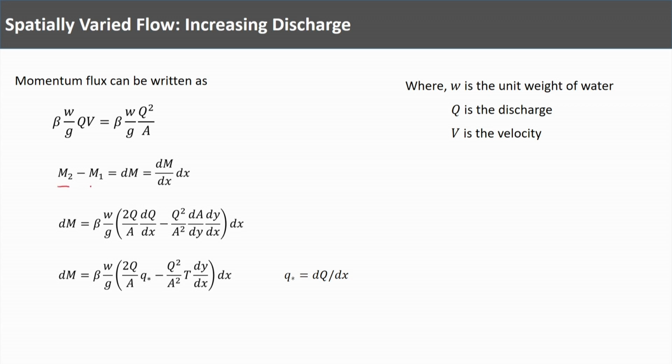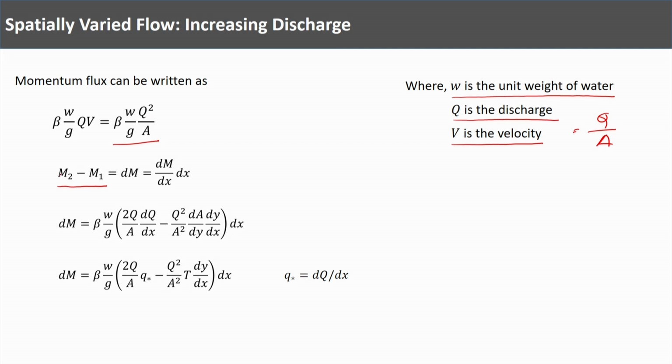Before that, the momentum flux can be written as beta w by g Q V, where w is the unit weight of water, Q is the discharge and V is the velocity of flow. And V can be replaced by Q by A. So, in that case I can write beta w by g Q square by A.